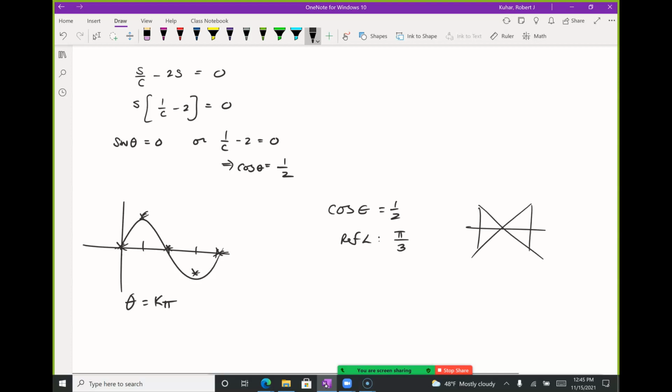Pi into 3, the whole thing into 6. I know the positives are over here on the right, right? So I get pi over 3 and 5 pi over 3 are my solutions. So I get theta equals pi over 3 plus 2k pi, right? I can go all the way around the circle to get another answer. And then theta equals 5 pi over 3 plus 2k pi.